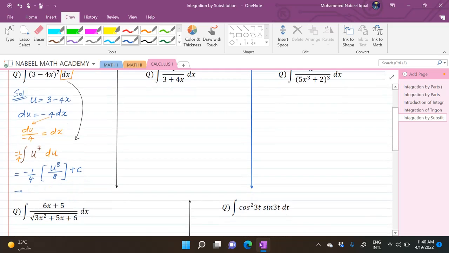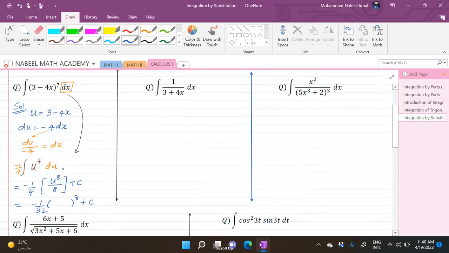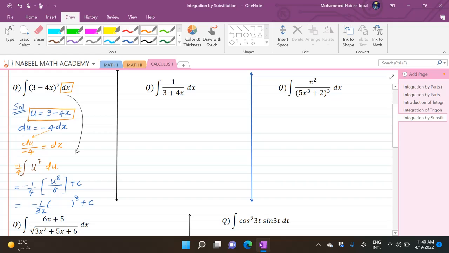Now the final answer is just multiply, minus 1 over 32, and this answer is given in terms of u. I need the answer in terms of x because the question is in terms of x. Therefore, I replace u equals 3 minus 4x.